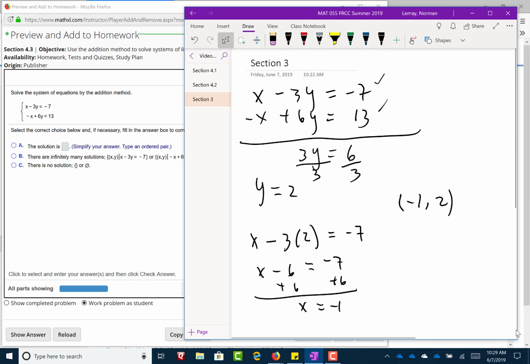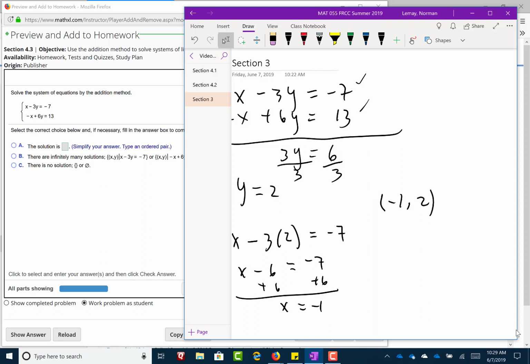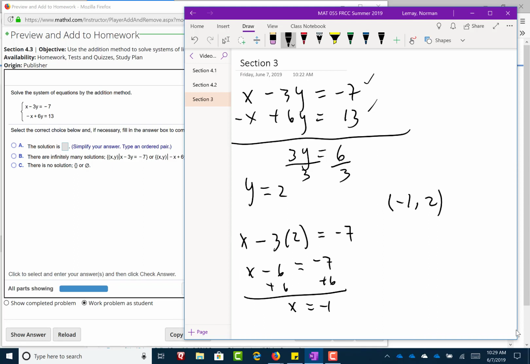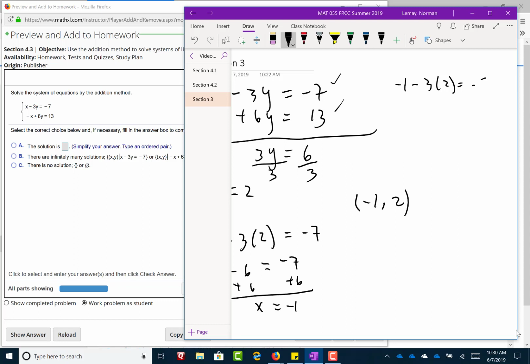Again, I can verify by plugging this back into both of the equations. I get negative 1 minus 3 times 2, and I want to know if this is equal to negative 7. Negative 1 minus 6 equals negative 7, and negative 7 equals negative 7. So that checks out.